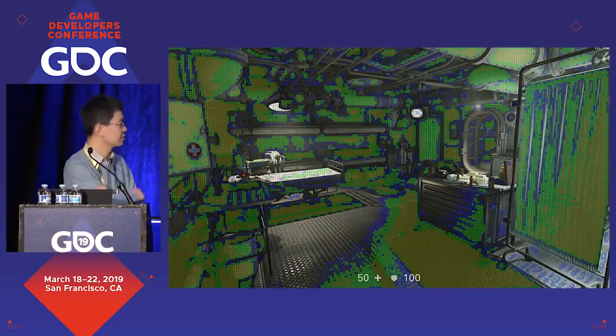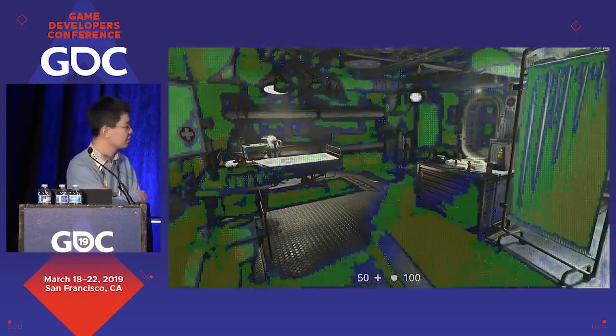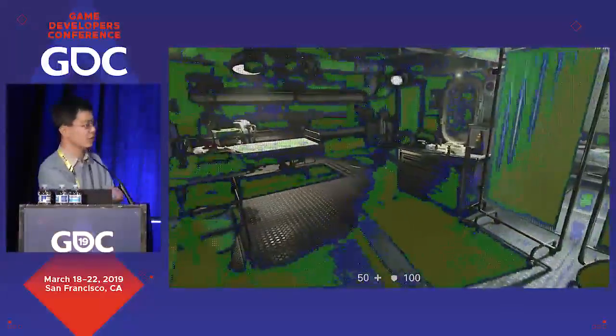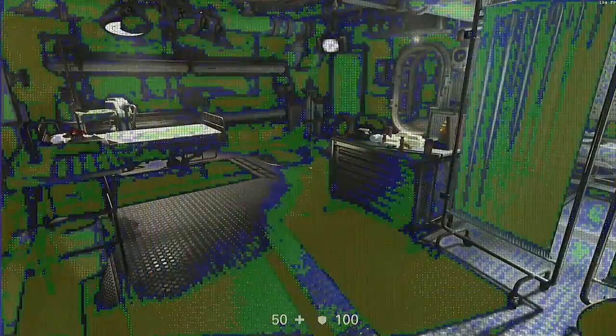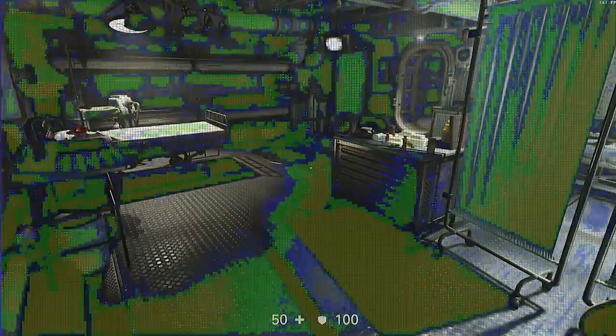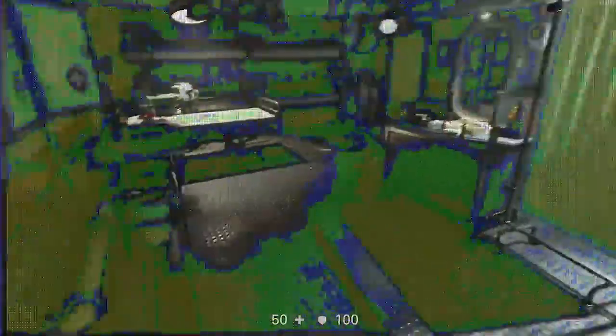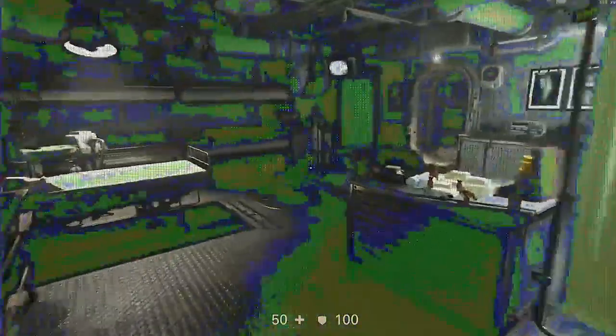So you can see that the shading rate visualization is turned on. And when you move the mouse, you can see the shading rate is increased because of the motion blur. Yeah, you can try to.